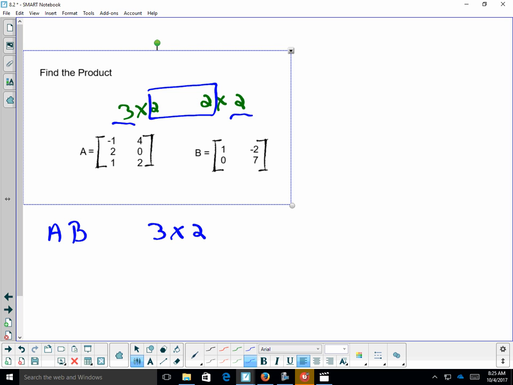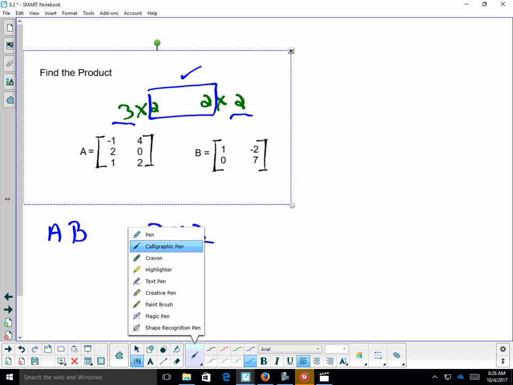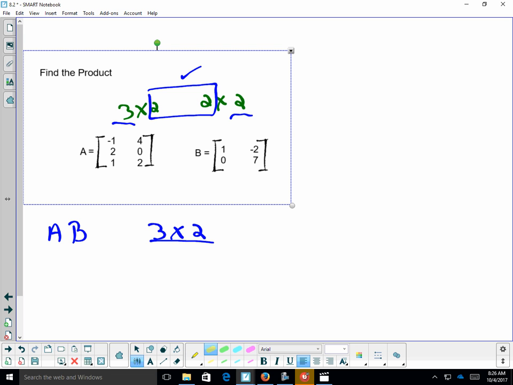And it's a good habit to get into the right order, so you know, first of all, that you can do it, and second of all, you know what you're looking for. You know where those answers are going to go. So the best way to do it is to be very systematic and do the same procedure every single time. In order to multiply, what you're basically doing is you're going to multiply row 1 times column 1. And that's why those two dimensions have to match.